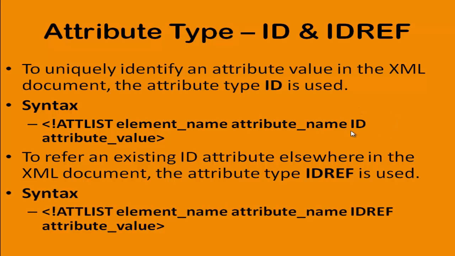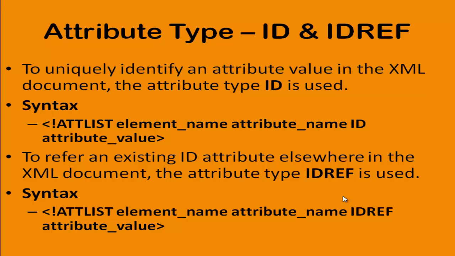In place of ID, if you replace it with IDREF, the syntax is visible. This is mainly useful where we can uniquely identify one attribute and specify that value. The ID attribute value must not be duplicated. If it is duplicated, our parser will return an error.